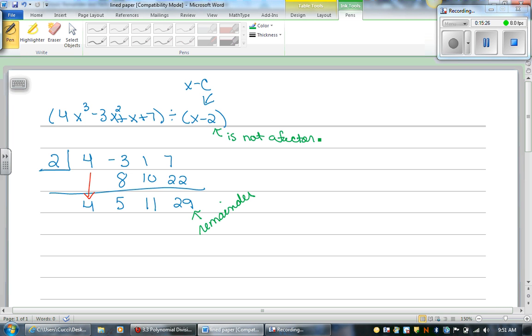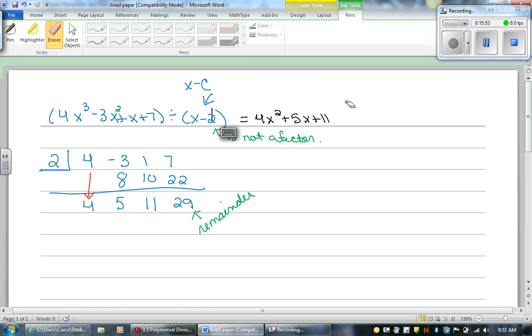Now, the actual division piece, it tells us that when we divide it, the quotient would be 4x squared plus 5x plus 11 with a remainder, and that's not how we write it.